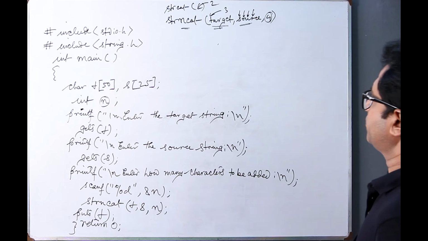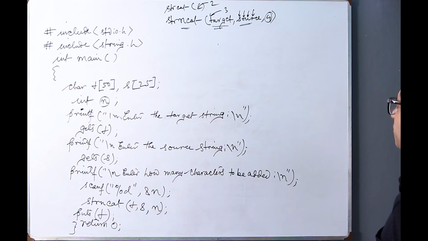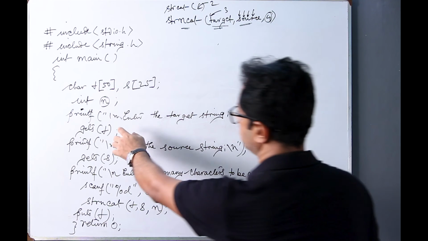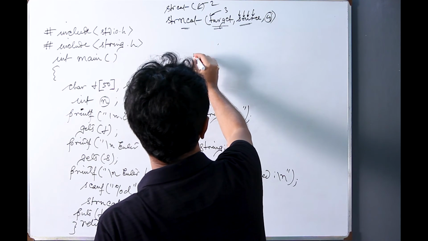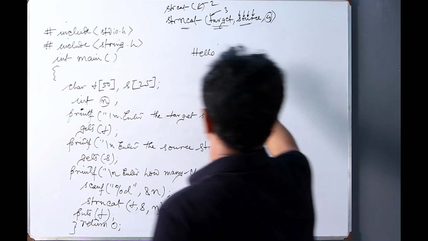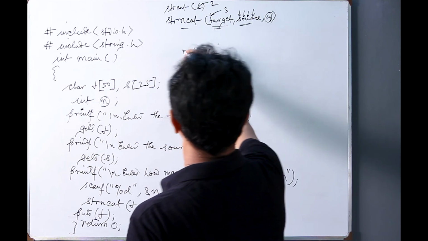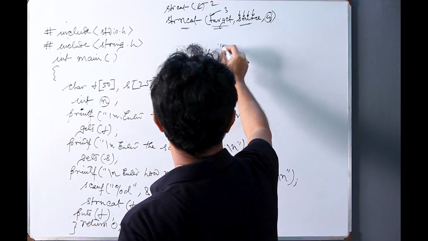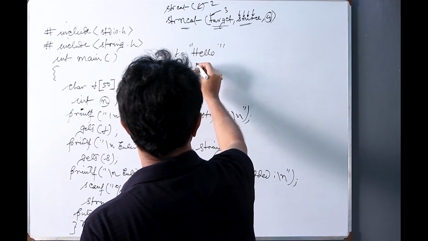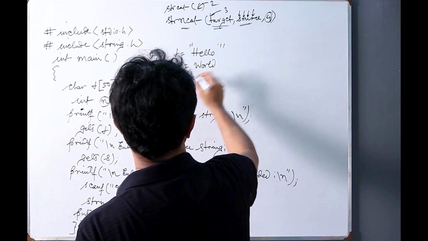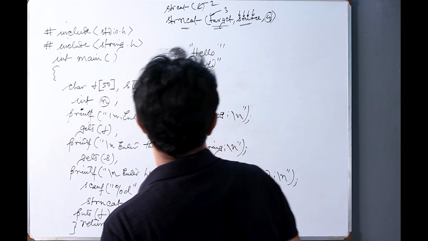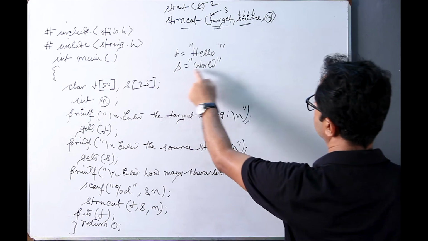So what have I done over here? Suppose we give a few simple sample values to make you understand. Suppose the user gives the target string as hello, and the source string given by the user is world. So the target string is hello and the source string is world.